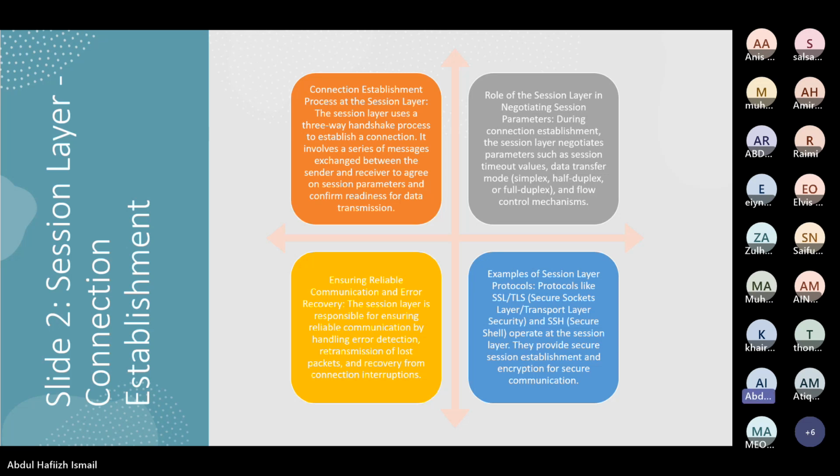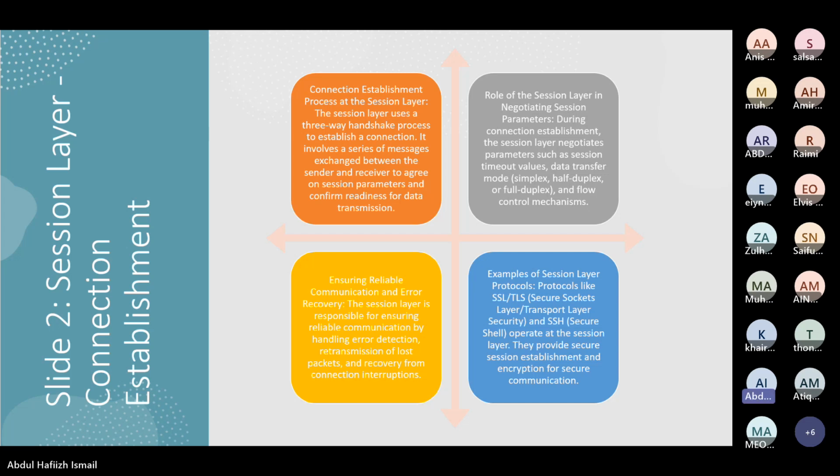The session layer also negotiates the data transfer mode, whether it's simplex, one-way communication, half duplex, two-way communication but only one device can transmit at a time, or full duplex, simultaneous two-way communication. Additionally, the session layer handles the negotiation of flow control mechanisms to ensure smooth data flow between devices.